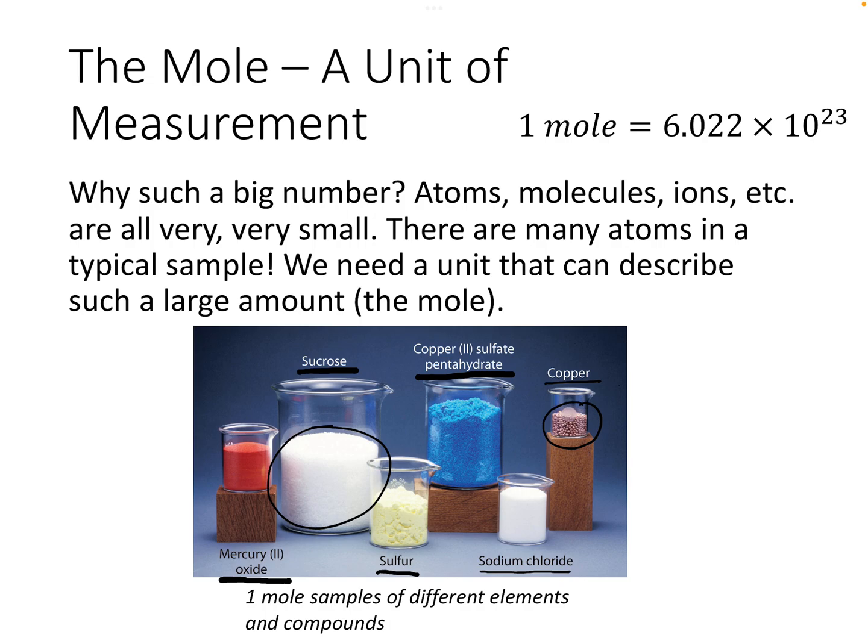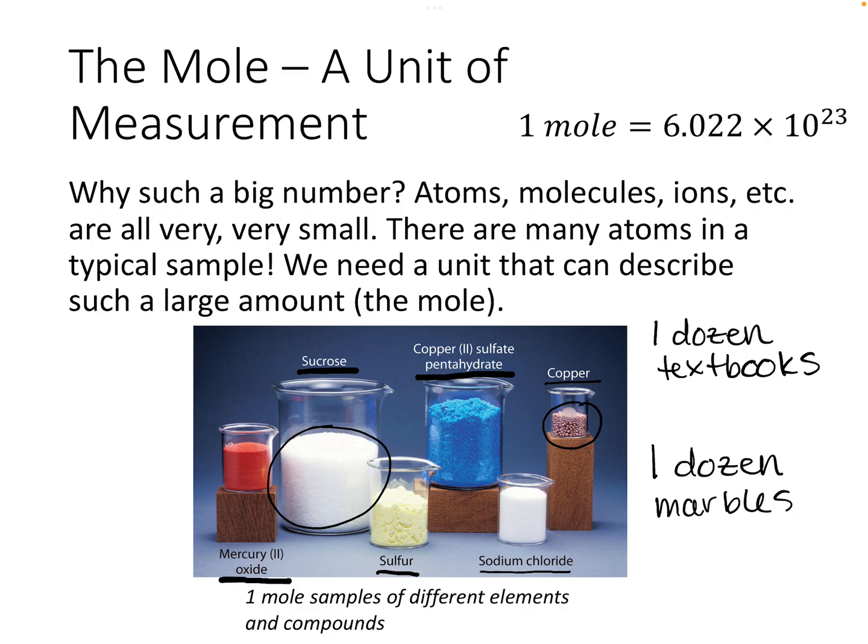So this would be the same as, let's say, we had a dozen textbooks. So 1 dozen textbooks. And we compared that to 1 dozen marbles. So 1 dozen marbles is going to look a lot smaller than 1 dozen textbooks. So 12 marbles versus 12 textbooks.